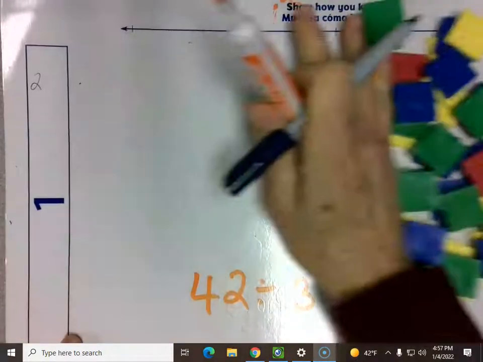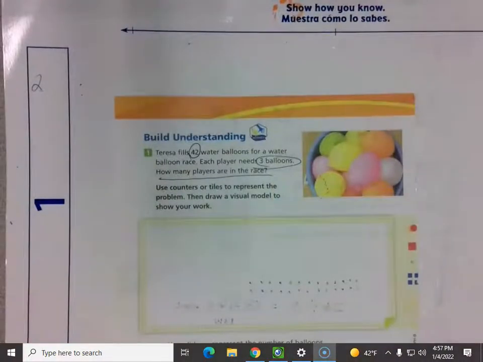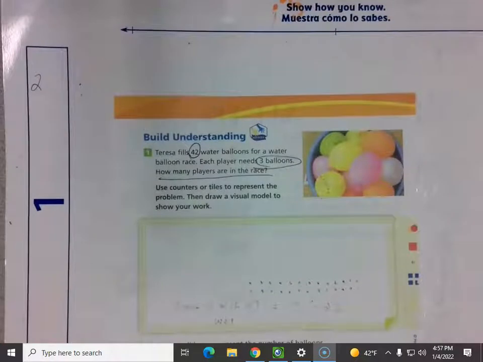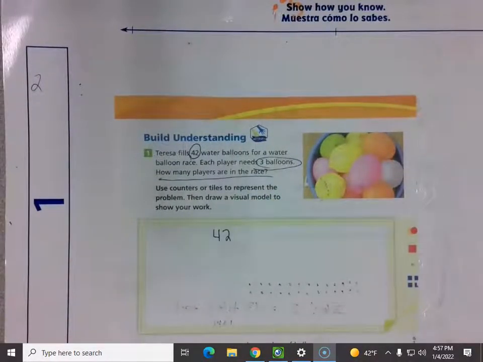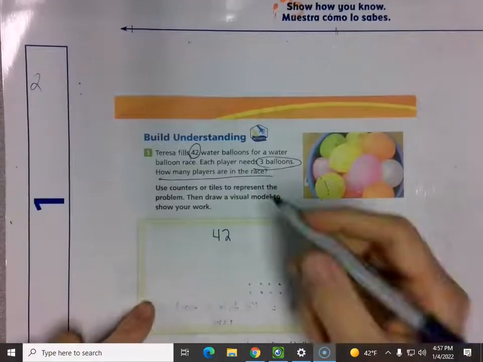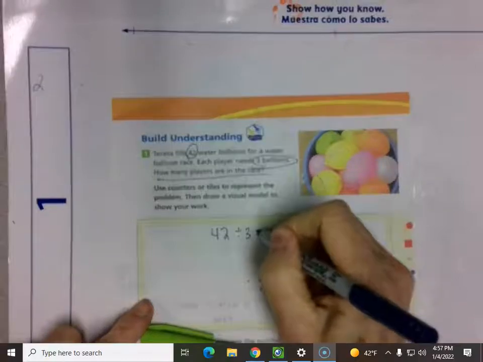All right, I'm going to draw that visual model on my paper. I know I start out with 42 of the balloons, and I know I have to put them in little piles of 3, or little groups of 3.